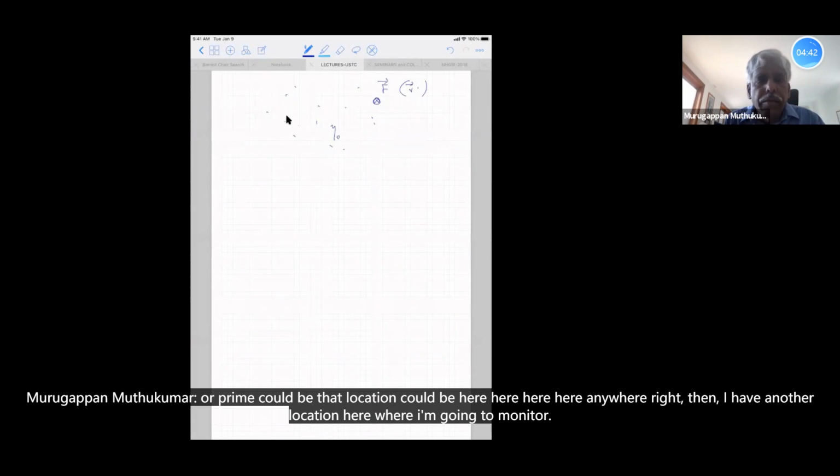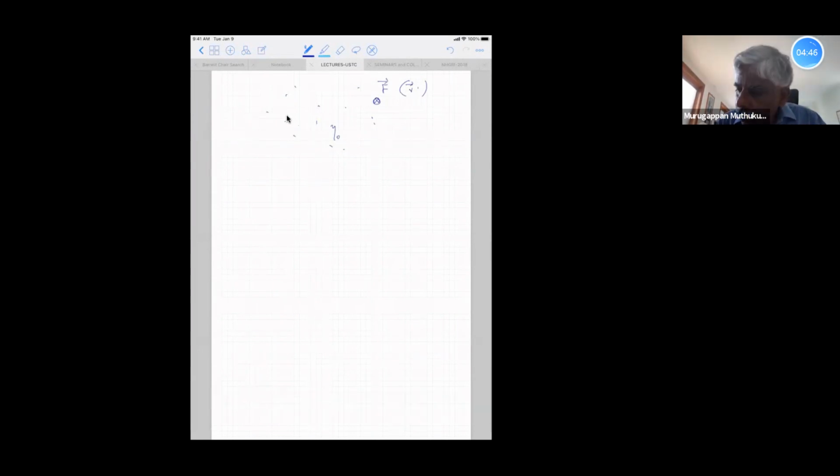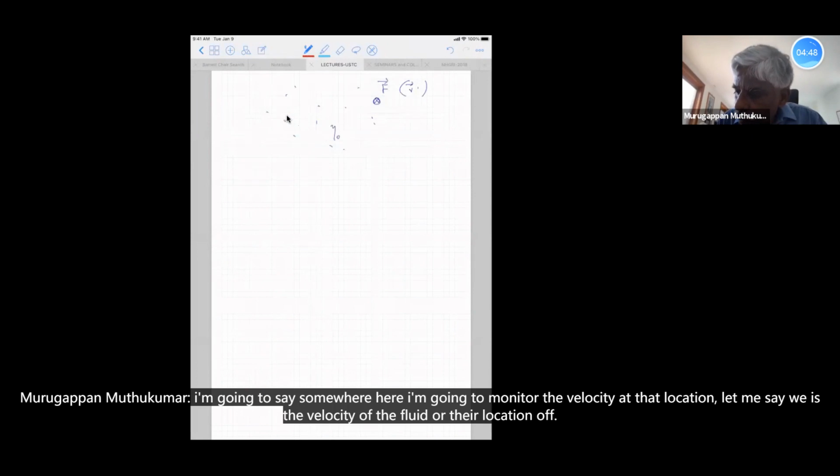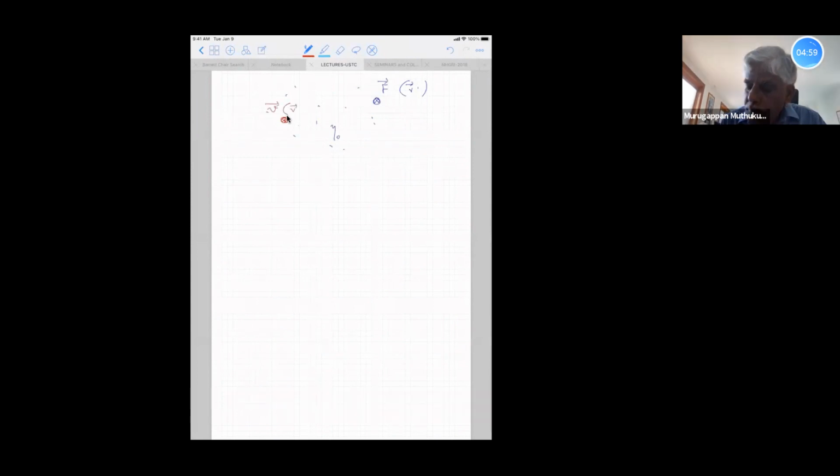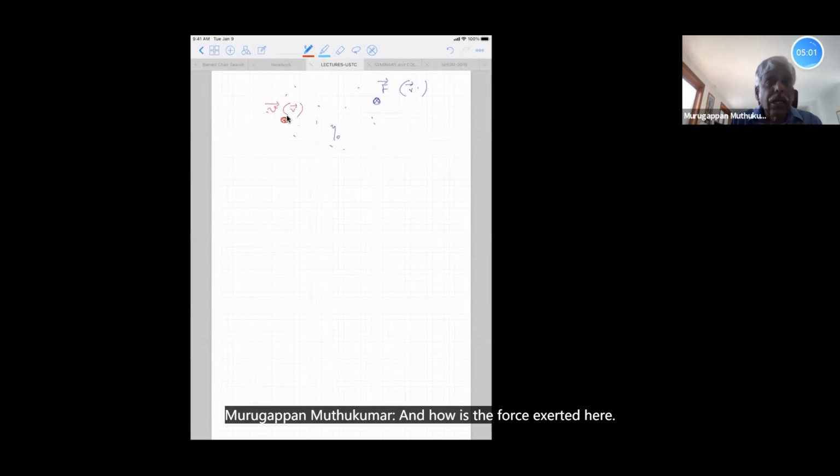Then I have another location R where I'm going to monitor the velocity. Let me say V is the velocity of the fluid at that location R. And how is the force exerted here going to influence the velocity at this location?